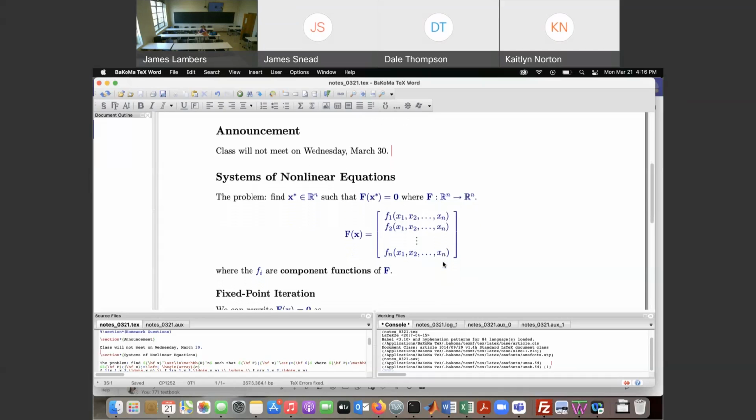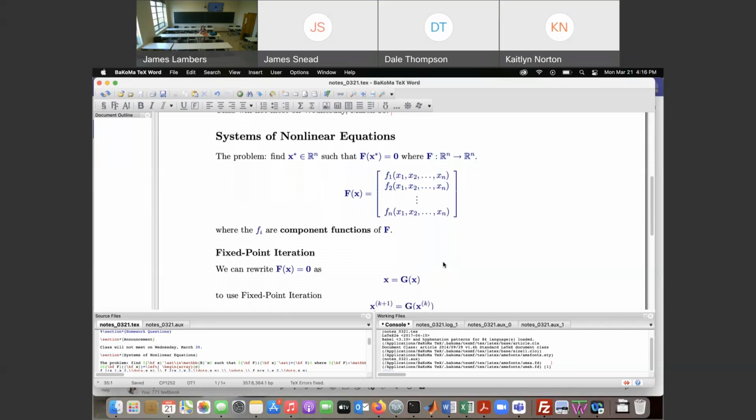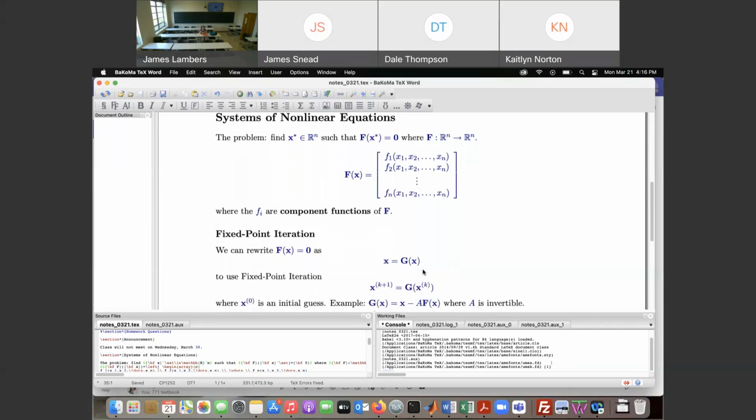A logical choice for a method to generalize from the single variable to multivariable case is fixed point iteration, because it's such a simple method to describe. Because what is fixed point iteration? It's nothing more than choosing the initial guess and then repeatedly substituting it into your function g.